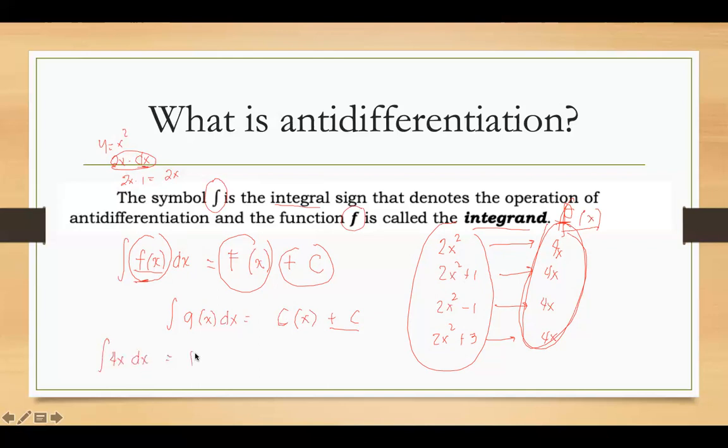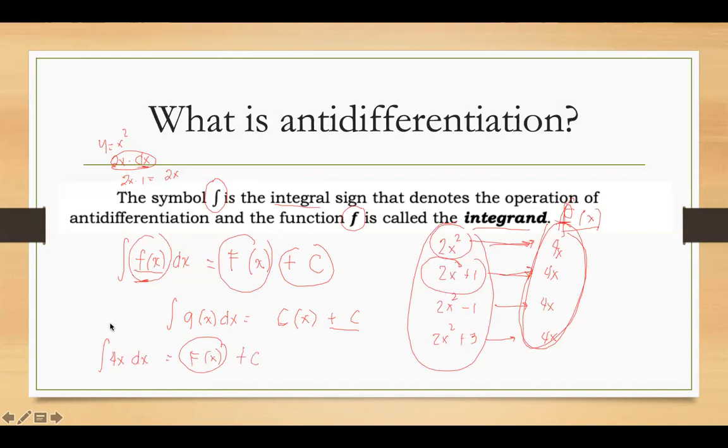So again, our goal here is to solve for the original function. However, if you look at it, technically there are an infinite number of functions. Why? Because 2x squared will have a derivative of 4x still. 2x squared plus 1 will also have a derivative of 4x. So instead of us writing all those constants added to 2x squared, we just put plus c.